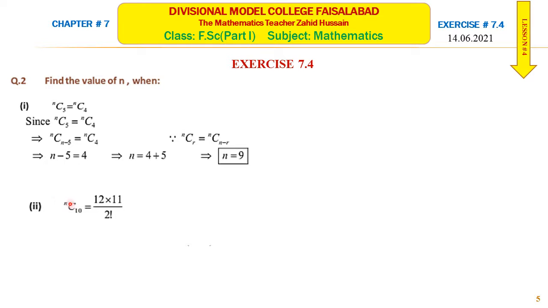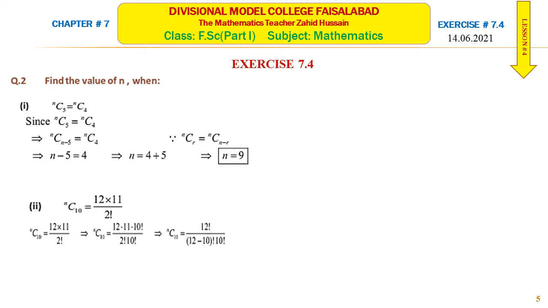The second part is nC10 is equal to 12 multiplied by 11 over 2 factorial. Now simplify this. We can write nC10 as 12 into 11 into 10 factorial over 2 factorial into 10 factorial. Complete the factorial on the right hand side.